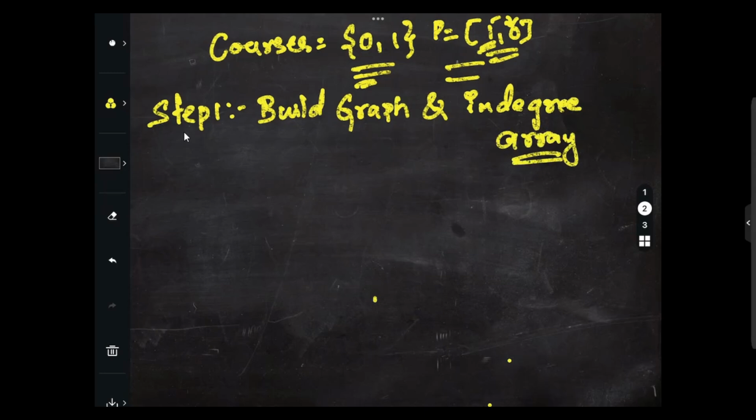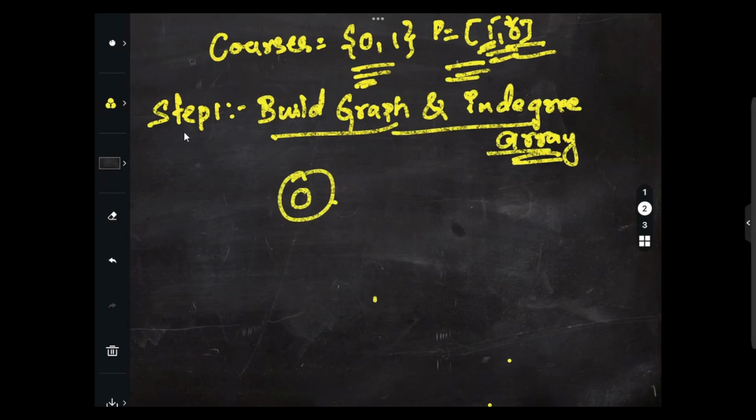For building the graph, as I have said, in the prerequisite they have given here, to complete course 1, initially we have to take course 0. So this one we can visualize in this way. Let's consider the directed graph here, 0 to 1. To complete course 1, we need to complete course 0 first, right? So this is represented in this way, right? Course 0 leads to 1.